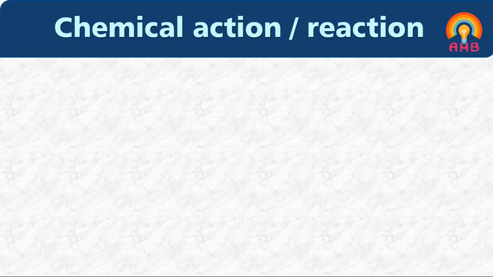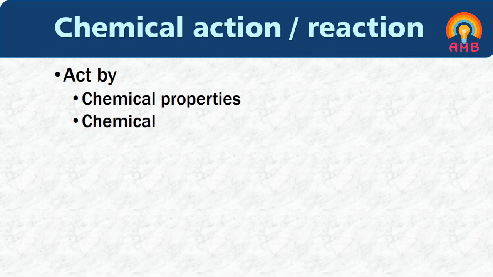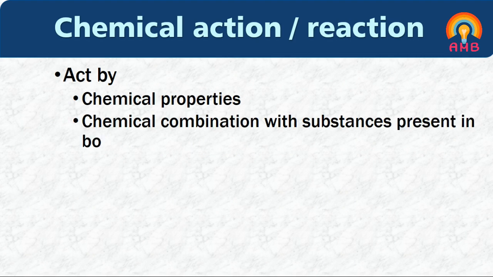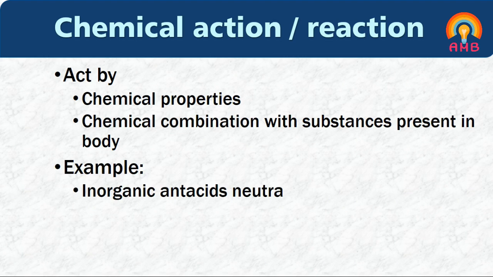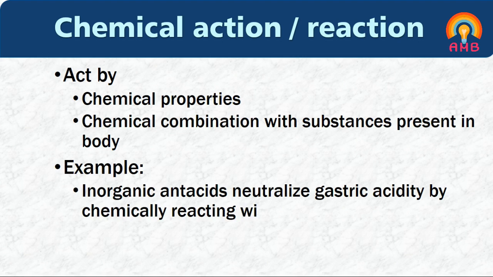And the last principal drug action is chemical reaction. Some drugs act by their chemical properties or by combining chemically with substances which are already present in the body. So they chemically react with endogenous substances and produce their effect. For example, inorganic antacids neutralize the gastric acid by chemically reacting with it.